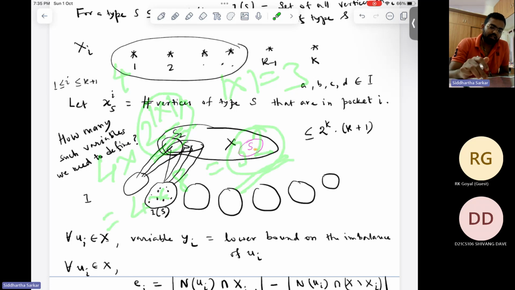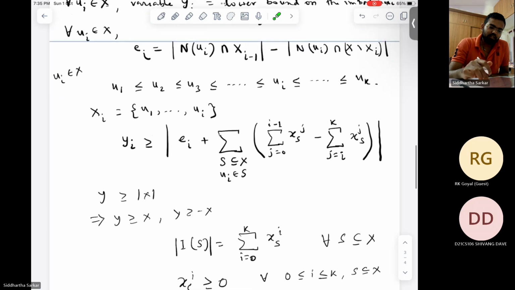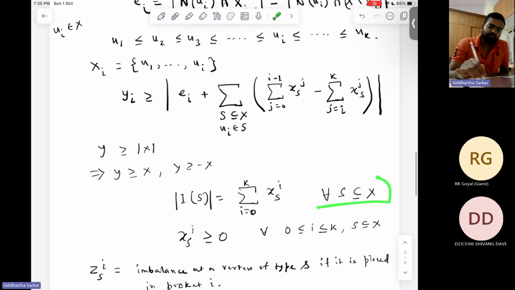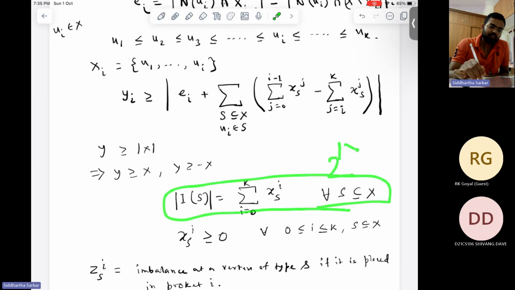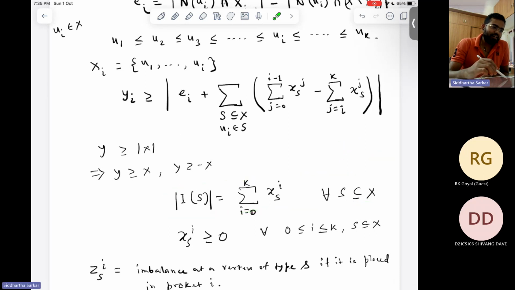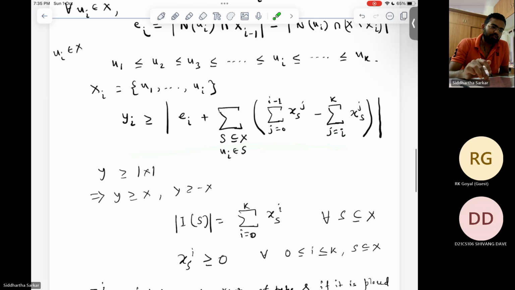Okay. And the constraints of this type is 2 to the mod X. So 8 constraints. Okay. And for every pocket, no, so for every variable in the vertex cover, you have 2 such constraints.